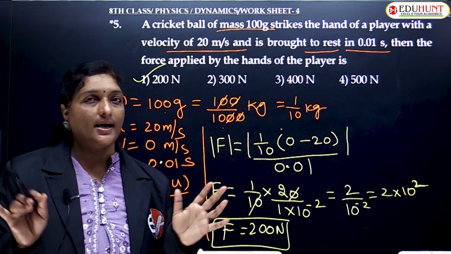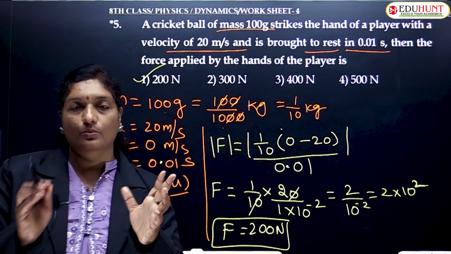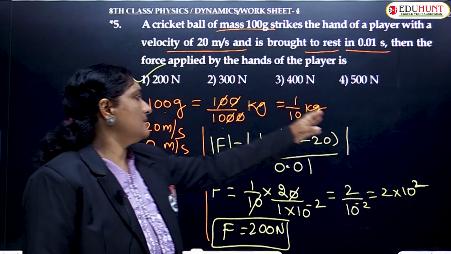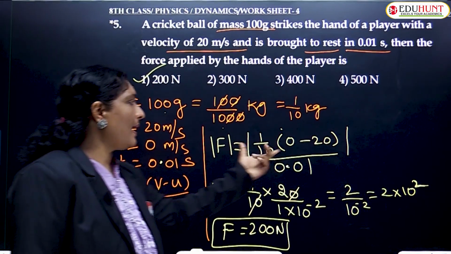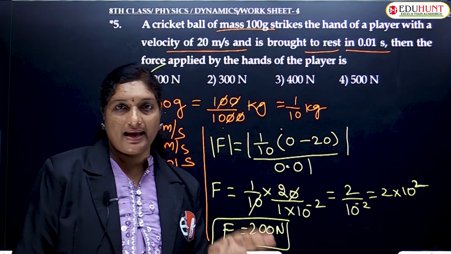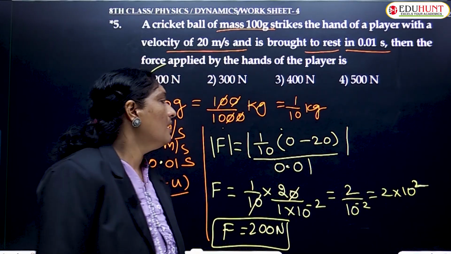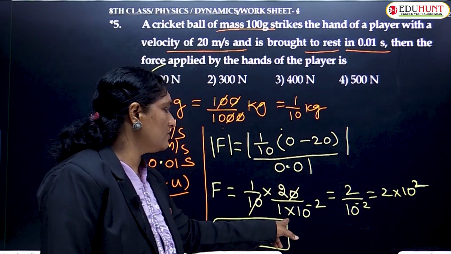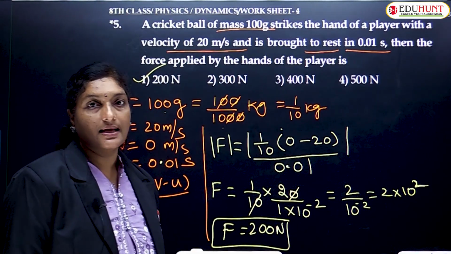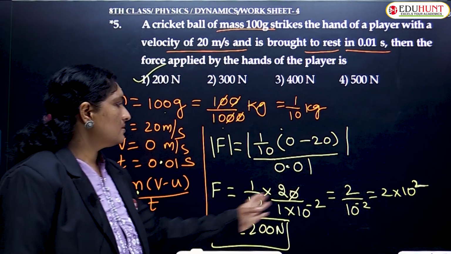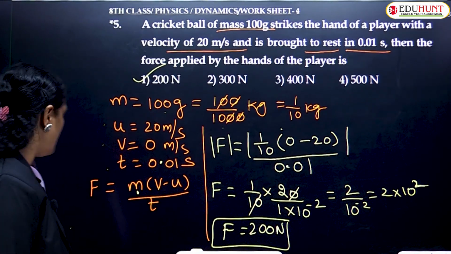Magnitude means no need to consider direction, only value, so we get a positive value. Symbolically, minus 20 is replaced with 20 because we don't bother about direction, since the velocity is decreasing. So 1 by 10 into 20 upon 0.01, which can be written as 1 into 10 power minus 2. Simplify, and you will get the value as 200 Newton.